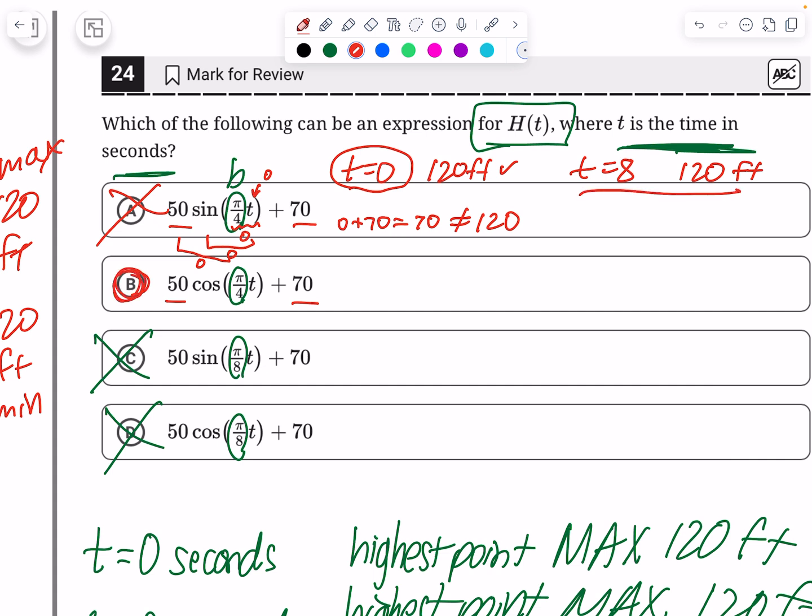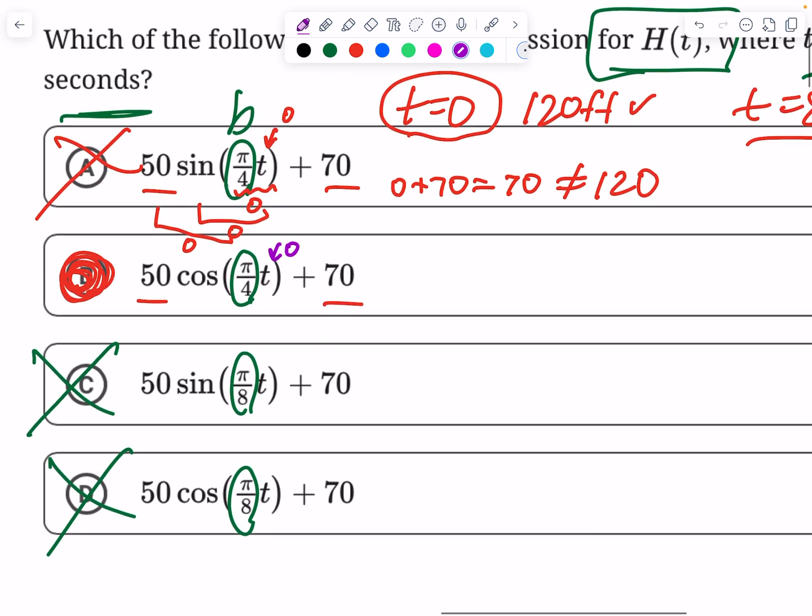Let's just prove why B works out. So let's do the math. Once again, this is probably done mentally for a lot of you, but I'm just going to show the work. When you plug in t as 0 here, anything times 0 is 0. Then we have cosine of 0, which is 1.